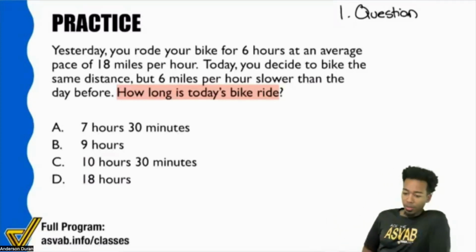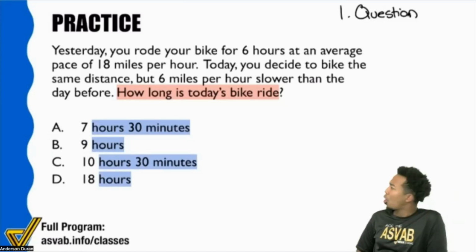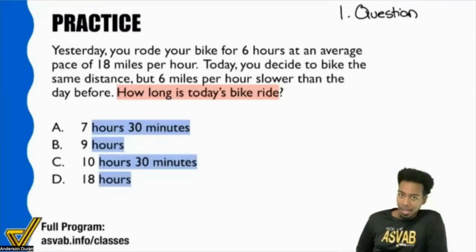Right. How long gives it away. Also, look at the answer choices. The choices say 7 hours, 30 minutes, 9 hours, 10 hours, 30 minutes, 18 hours. Everybody, all of those numbers in the answer choices are examples of time.